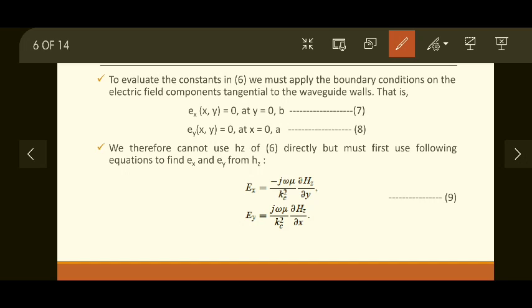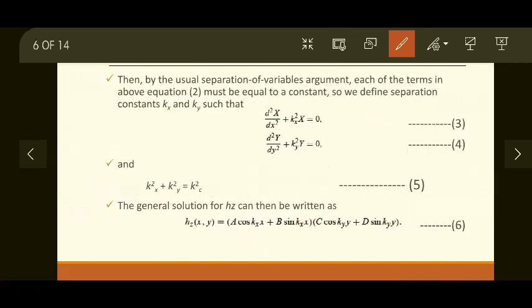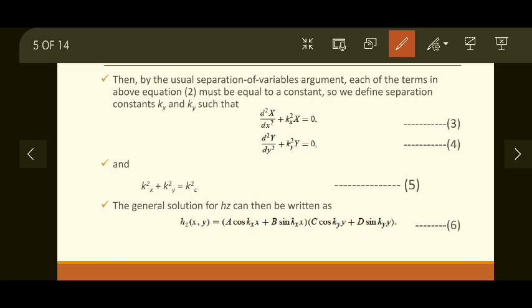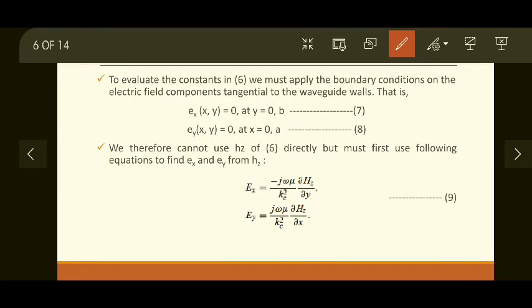So now using the Maxwell equation, we can find out Ex and Ey from Hz. Hz we are trying to find out, and we just found the general equation here. This is the general equation of Hz. From this we need to find out the transverse electric components, that is Ex and Ey. So how can that be found?